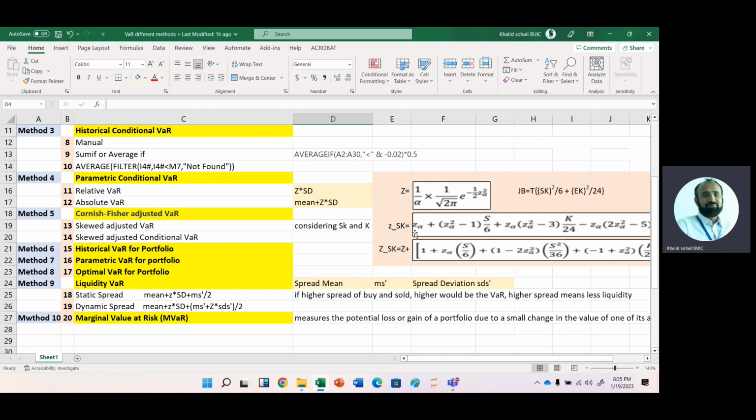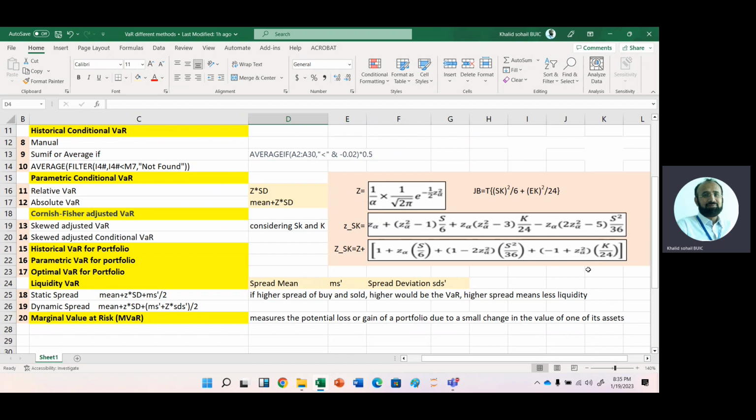Now the value of z is calculated with the help of this formula, small z sk, and then we have a lengthy formula. It is just like the Jarque-Bera test formula in which skewness and excess kurtosis are adjusted. Here also the skewness and kurtosis are adjusted.